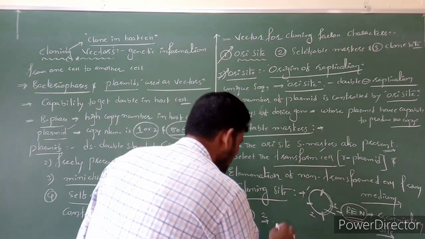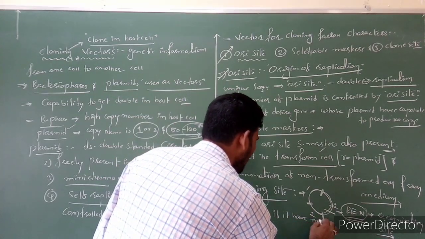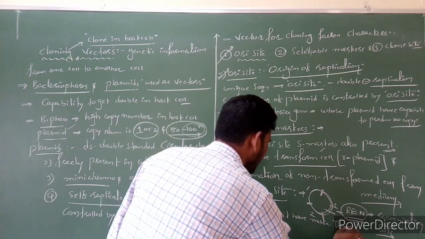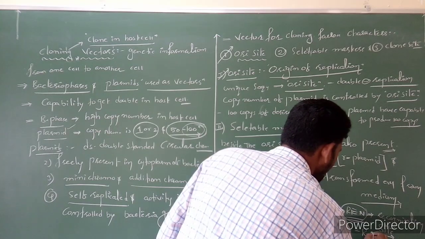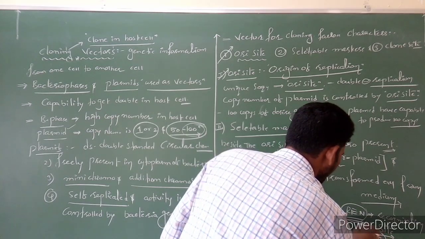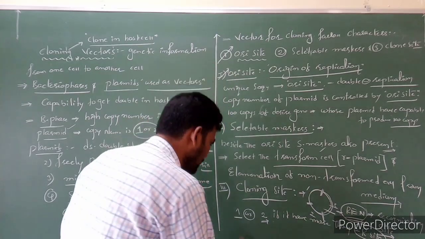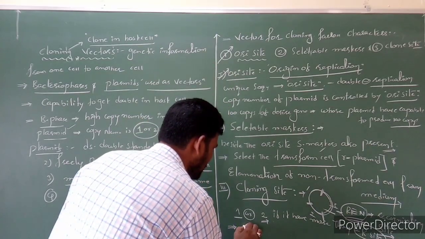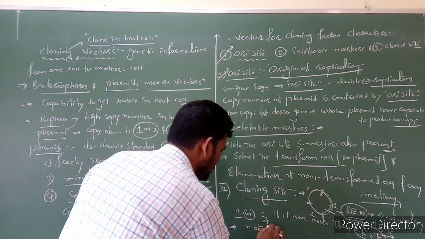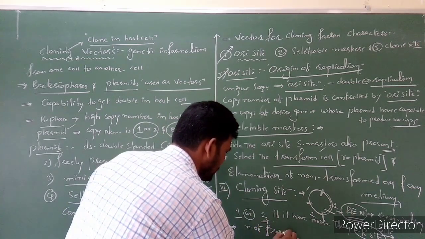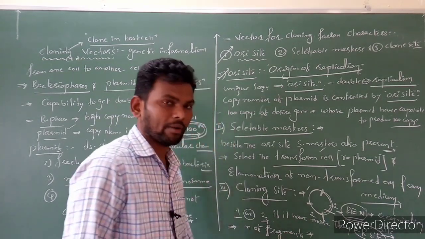If it has more than two recognition sites, what happens? A number of fragments are going to form.